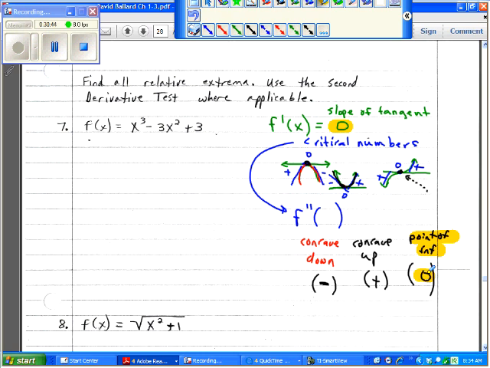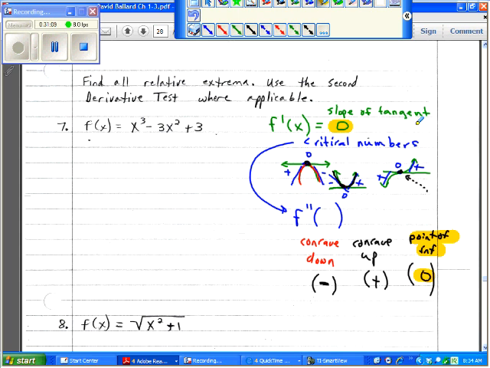Now, if the second derivative is zero but not the first, when we do the second derivative and we find a zero, we think, well, that's a possible point of inflection, but it may not be. But if it's a critical number and the test point, then it's going to lock it.